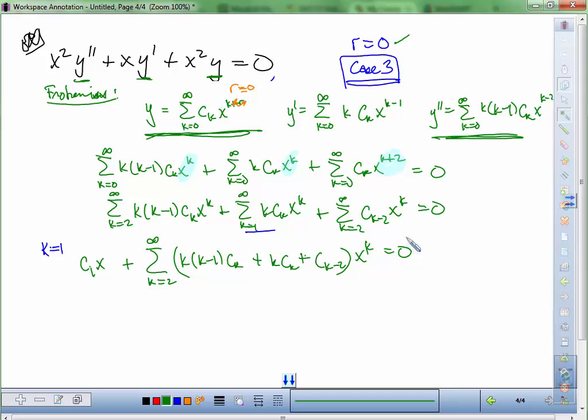So let's see if we can simplify the coefficient inside of the summation sign. I have a ck that I can factor out. Just tell me what the answer is.